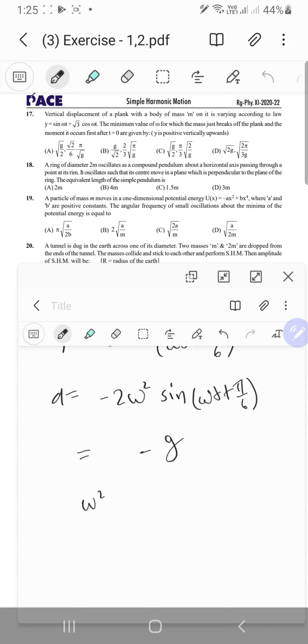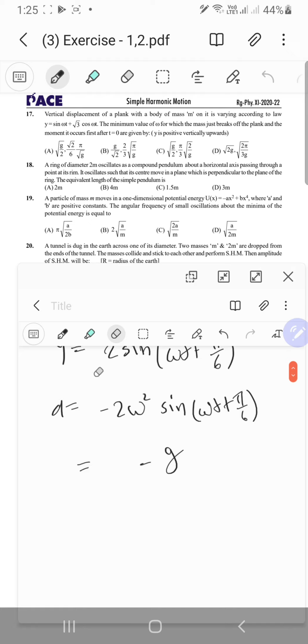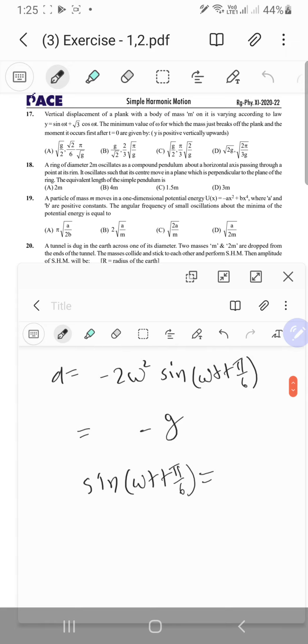Do we know what omega is? No. Yeah, I guess it's still fine though. So we just get sine of omega t plus pi by 6. It's going to be like sine inverse and stuff over there, maybe not.